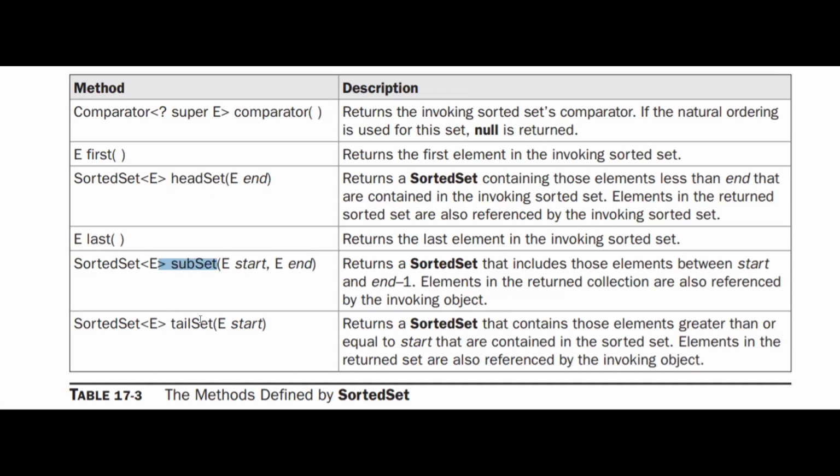Then we have tailSet. So tailSet is the start element till the end. It returns the sorted set that contains all the elements that are greater than or equal to this particular element. So these are the three varieties in which we can extract subsets of a set: headSet, starting element till this element minus 1; subSet, starting till end minus 1, where the starting index is also specified; and tailSet, the starting index till the end.